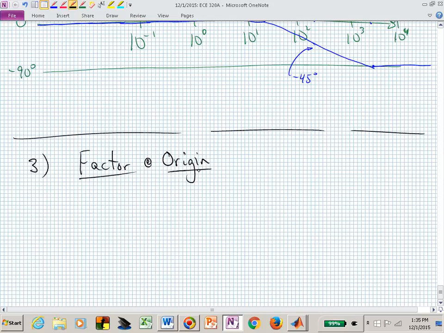Let's look at the factor at the origin. And really all we are looking at now, if you were looking at the S-plane, we now have a pole right there, and we are walking up this imaginary axis and finding the distance from that point and finding the phase from that point.